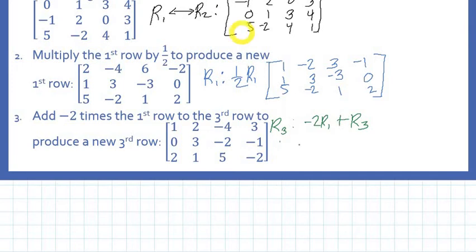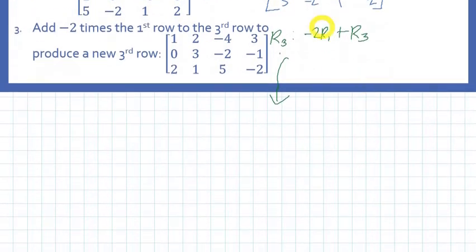Maybe we can write it here already on this space beyond the slide. Alright. So now, let's first copy the first two rows because anyway, we're not going to touch them. 0, 3, -2, -1. Alright, so we need to multiply -2 to row 1, then add to the third row.